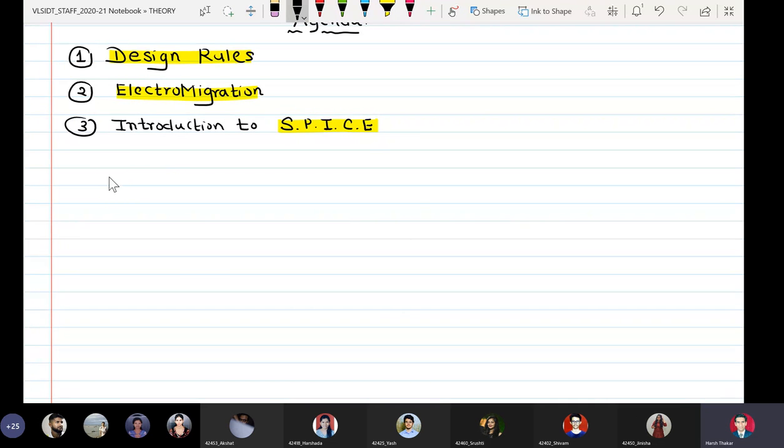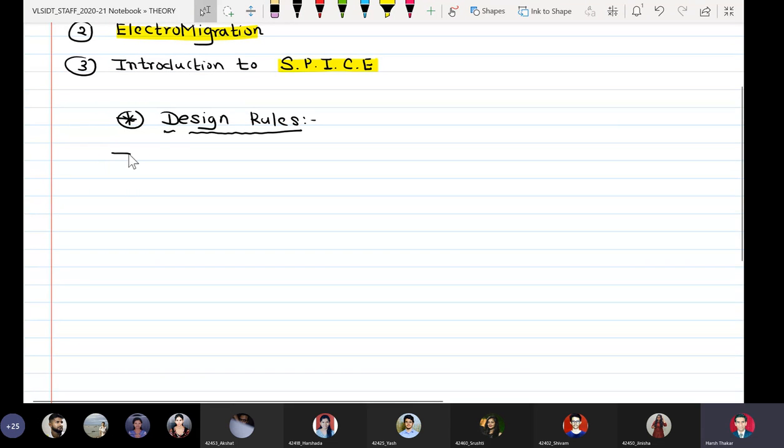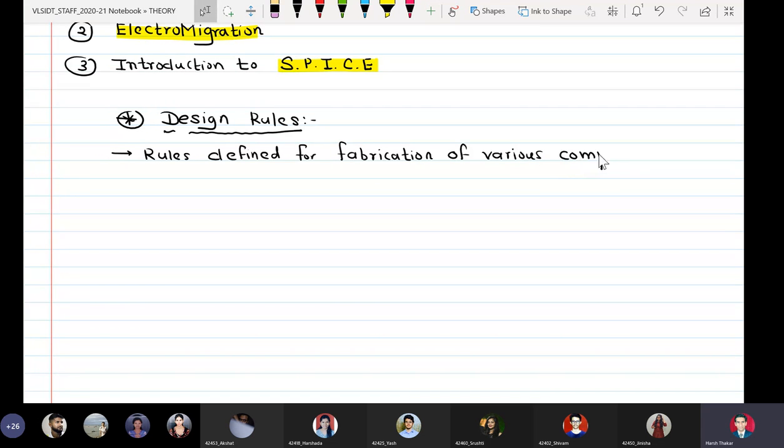In layman terms, we can say that design rules are rules defined for fabrication of various components on silicon wafer.